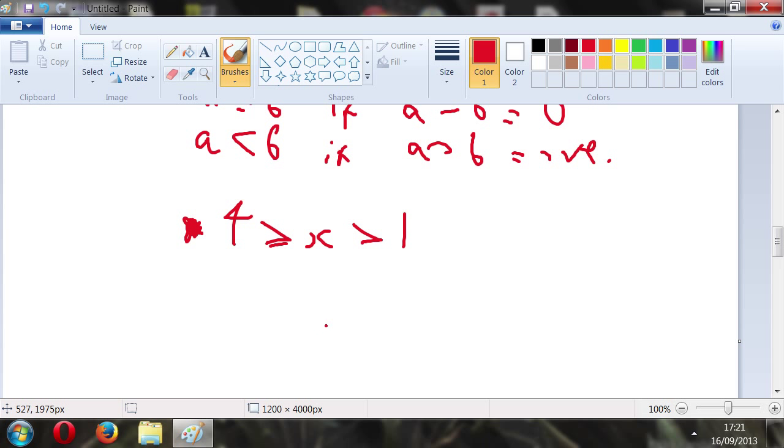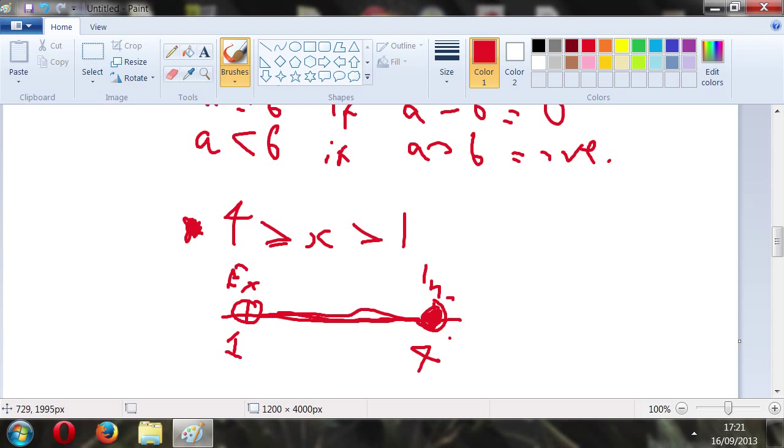This is the opposite way to the way I actually did it, but it doesn't matter. So you could just have 1 here. We know it's greater than 1, but we also know it's less than or equal to 4. So we exclude this point, and include this point.